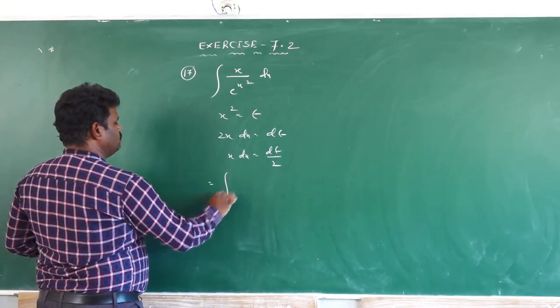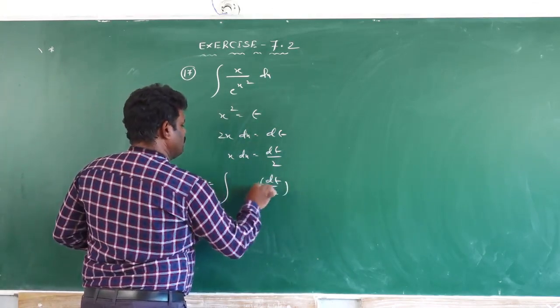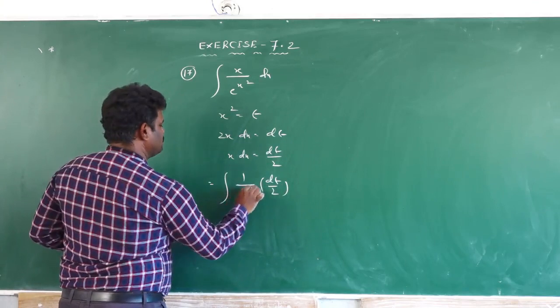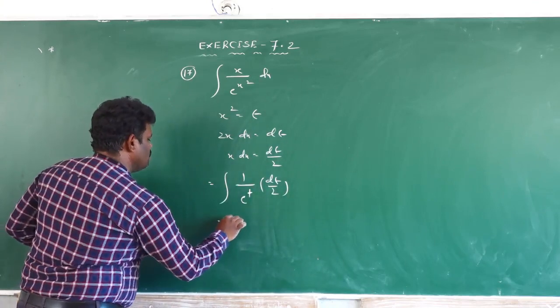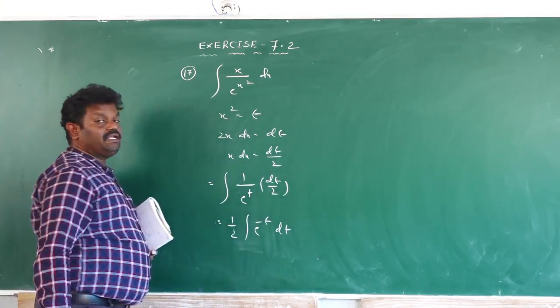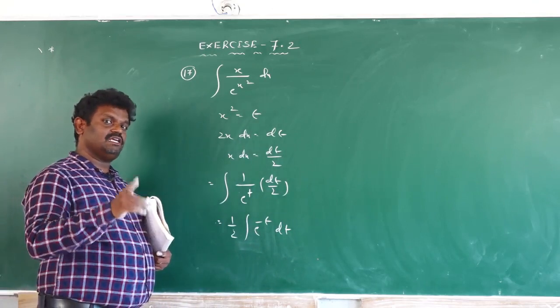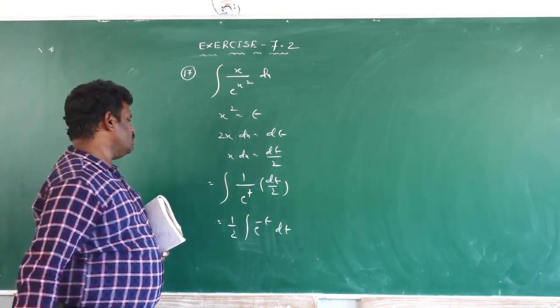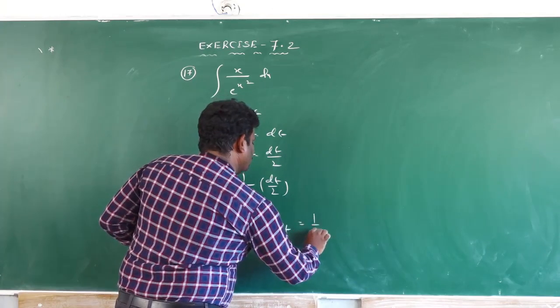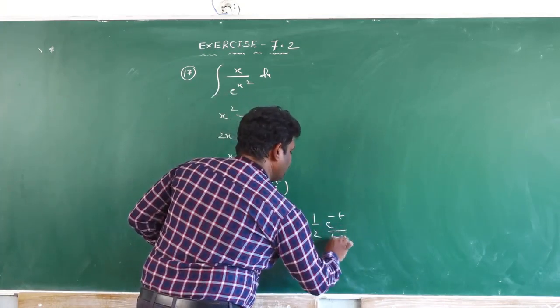That is equal to integral x dx, dt by 2 into 1 by e power t. That is 1 by 2 integral e power minus t dt. Integral e power x dx is e power x, but for e power minus x it is e power minus x divided by minus 1. So we write 1 by 2 e power minus t divided by minus 1 plus c.